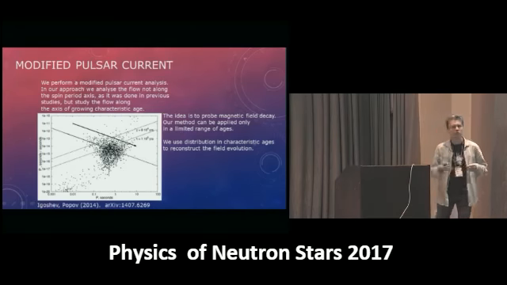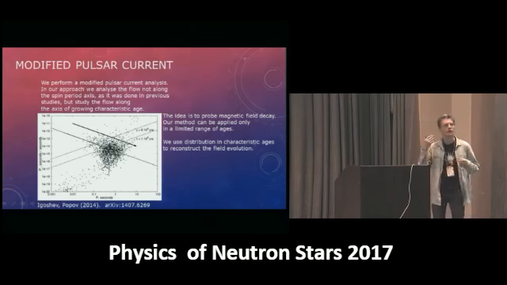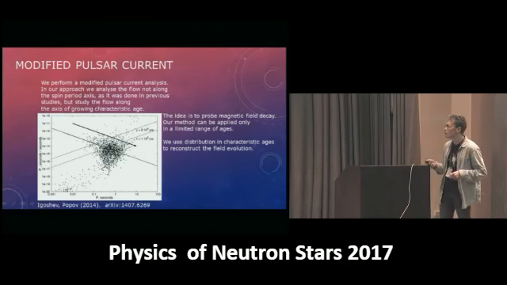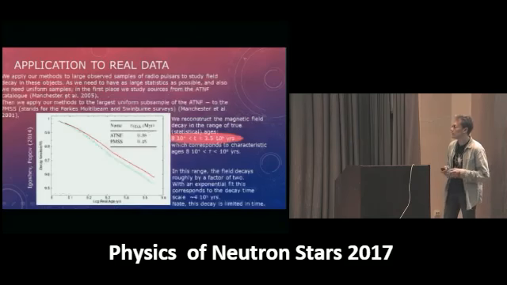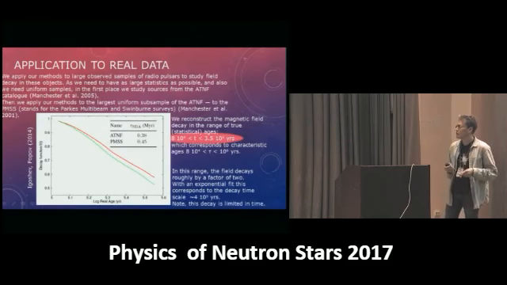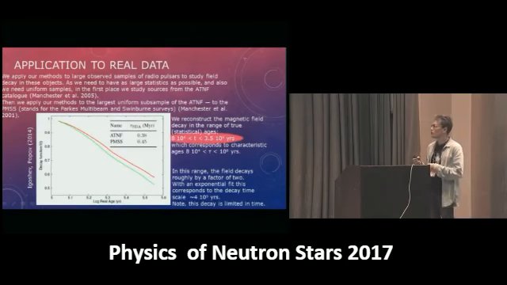Andrei Igoshev a few years ago suggested a more, I would say, sophisticated way to probe it. And after we applied this approach to some set of pulsars with well-defined data, we found that in a very narrow range of ages, I would say several 100,000 years, we see strong evidence for moderate magnetic field decay.